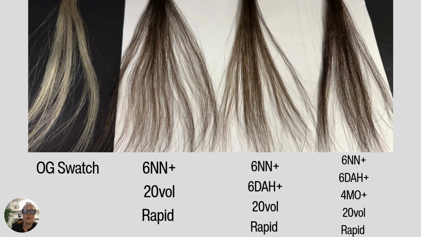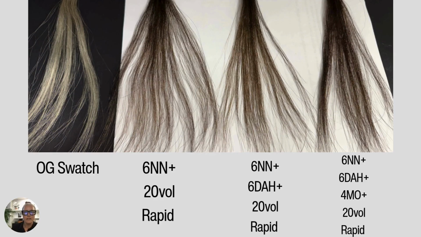So as you can see when you are glancing at these swatches, the original swatch, the 6NN on its own, nothing wrong with that, but you can see that it is a little translucent. It's not quite reading like a true 6. It's a little weak. And then in the second swatch, where I added in a little more pigment family, some of that green pigment family, the 60AH, it's starting to fill out a little bit.